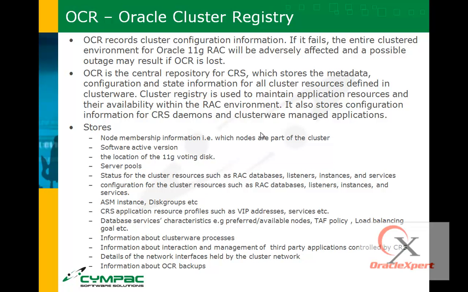If the disk group is not mirrored, at least if the LUNs are protected at a storage level with some RAID configuration, then losing a disk on a storage will not necessarily cause a loss of your OCR. But assuming the worst case scenario, you lost your OCR, then obviously the cluster will not start.